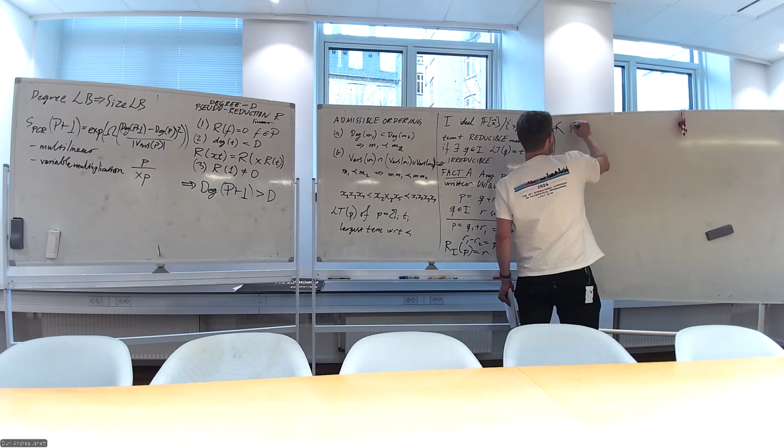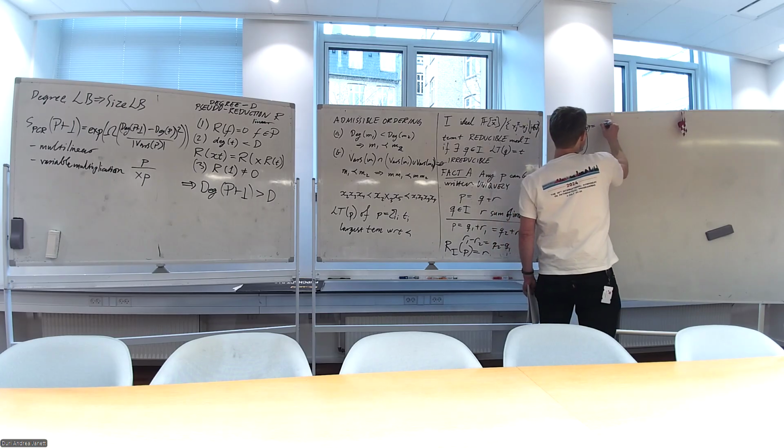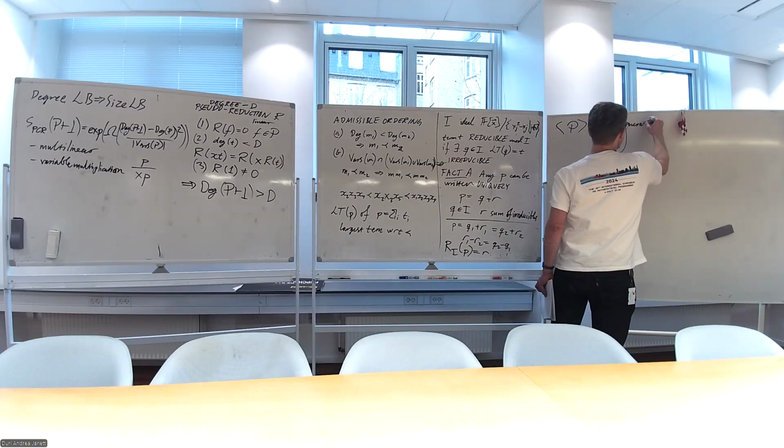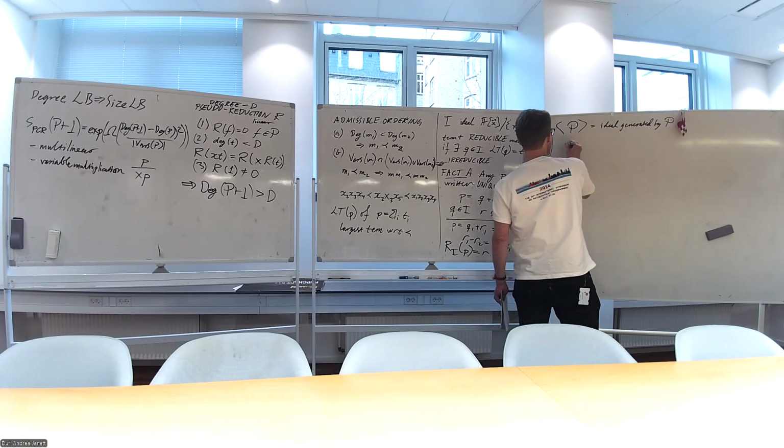So for a set of polynomials, fancy style P, I'll write P within angle brackets to be the ideal generated by the polynomials in P. What is this?